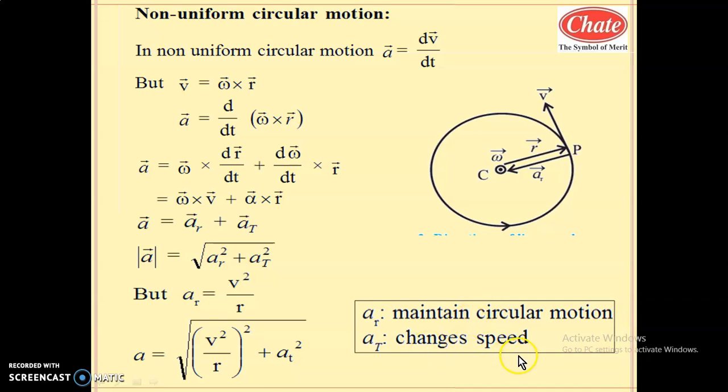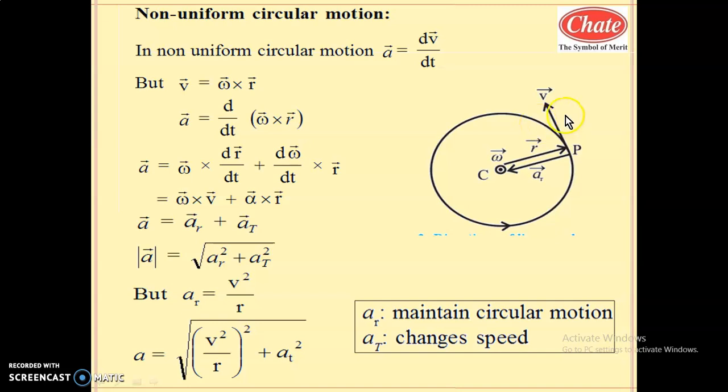If tangential acceleration, that is tangential force, is present and this is absent, then the particle moves tangentially, but no longer performs circular motion. But in the other case, if tangential force is 0, tangential acceleration is 0 and this is not 0, then there is no change in speed, but circular motion is maintained. So in that case, the particle performs uniform circular motion.